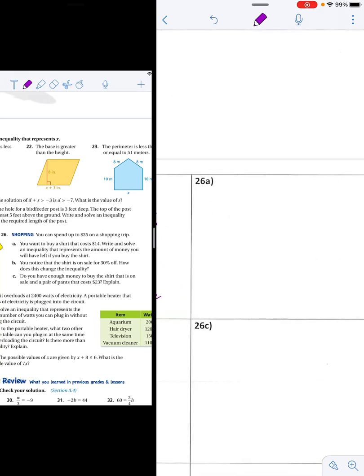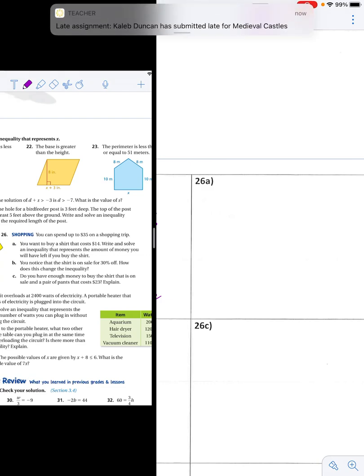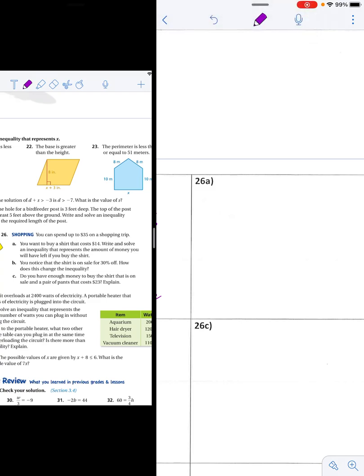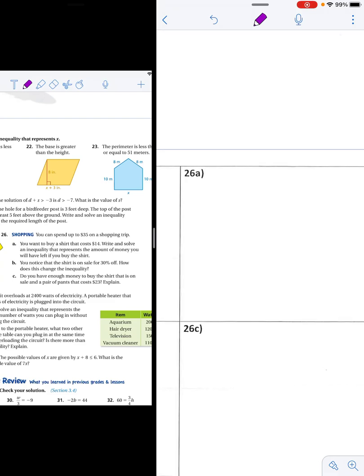Alrighty. 26 is a 3-part problem. You can spend up to $35 on your shopping trip. So up to 35 meaning no more than 35, so less than or equal to 35. 26A, you want to buy a shirt that costs 14, and solve an inequality that represents the amount of money you will have left if you buy the shirt.